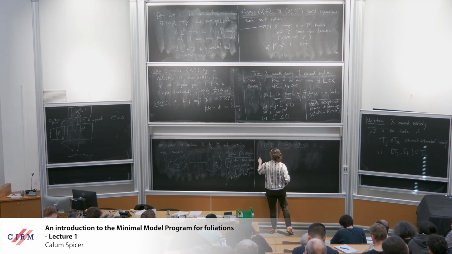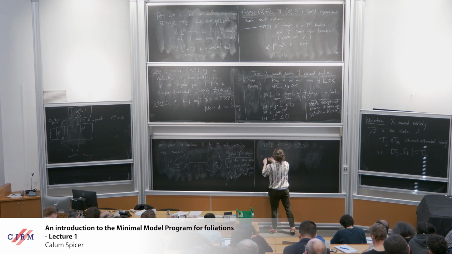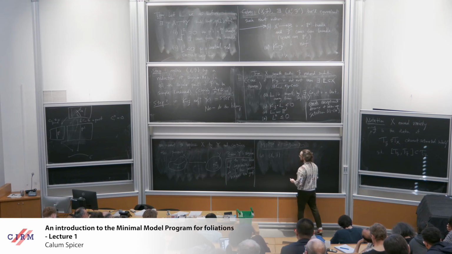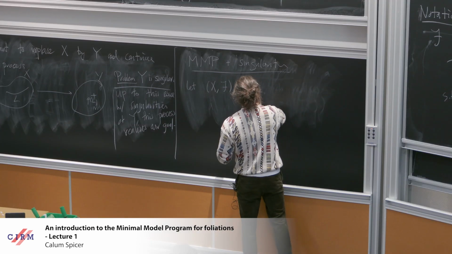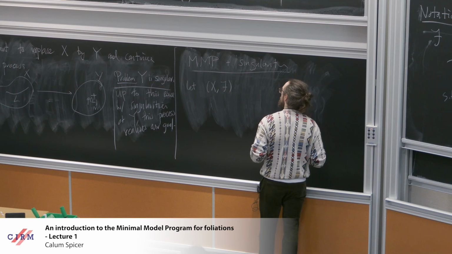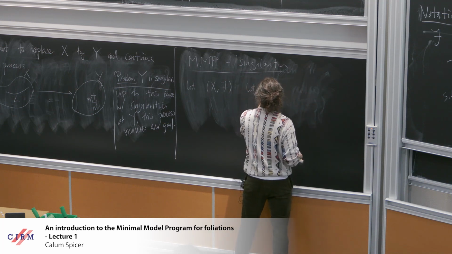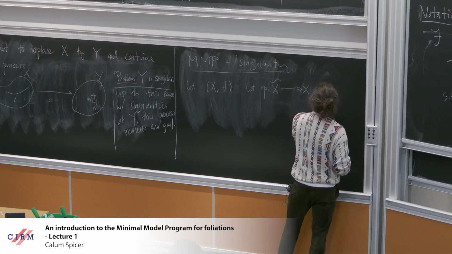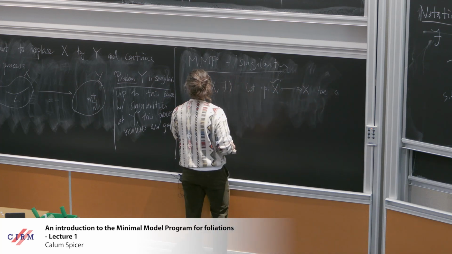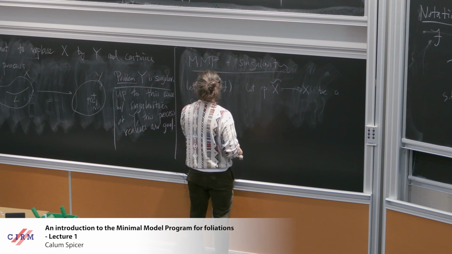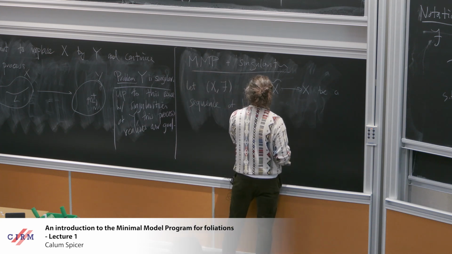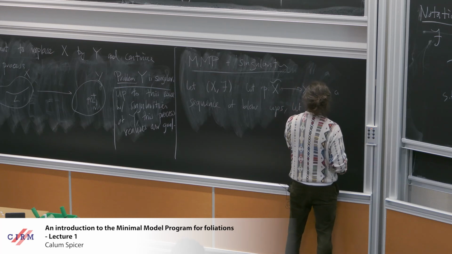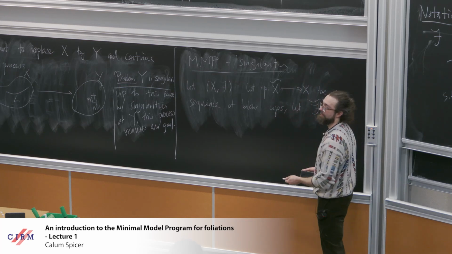So again, X, F is a foliated surface. And let P from X tilde to X be a sequence of blowups. And let tilde F be the transformed foliation.